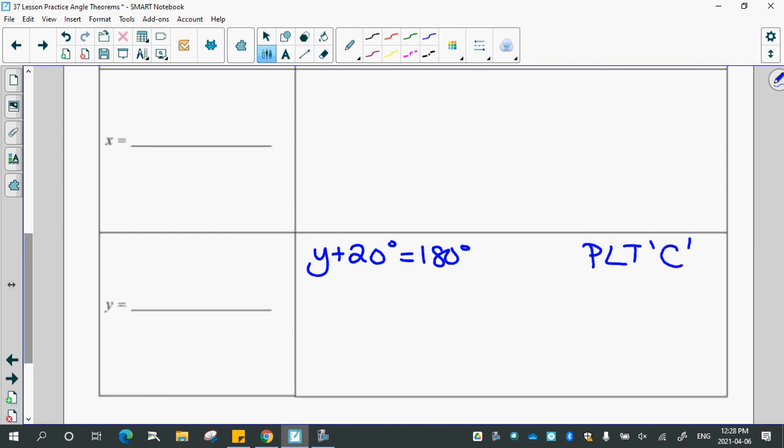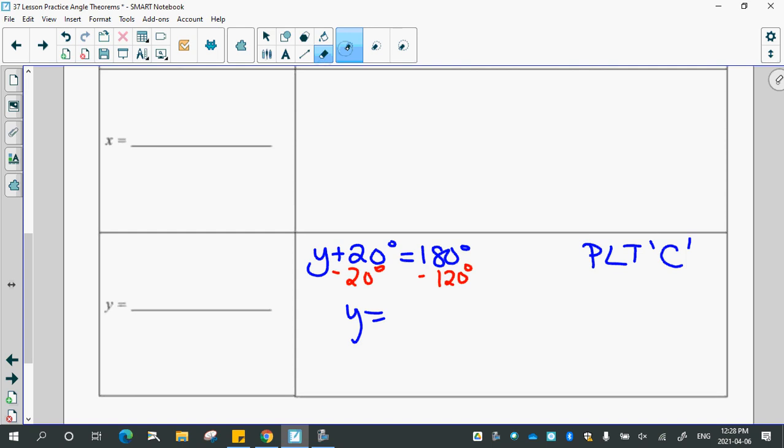So once you know that, you know that y is going to be 160, because you're going to subtract 20 on both sides. Get 160. So there's half our question done.